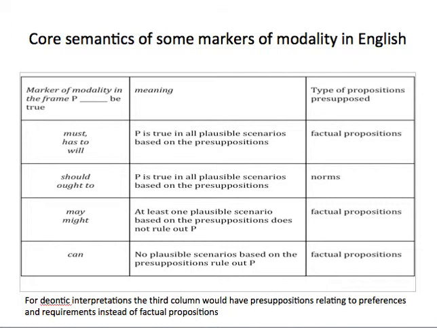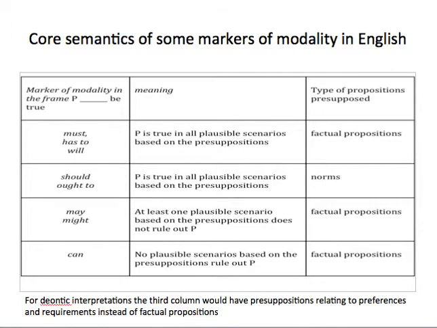We can weaken that if we drop down to may and might. Again, we're basing our inferences on factual propositions, but now it's just at least one plausible scenario based on the presupposition. Does not rule out P. So this is a lesser degree of certainty that we're expressing here.